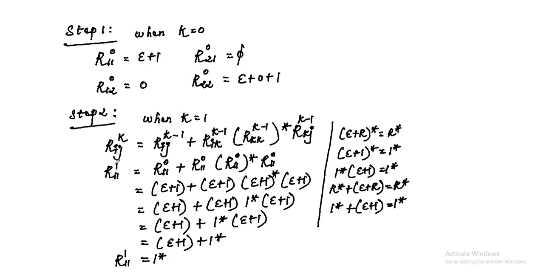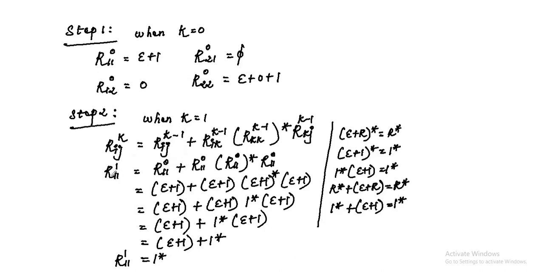So R11 raised to the power 1. Here i and j values are 1 and 1. So R11 raised to the power k minus 1, which is 0, plus Rik.